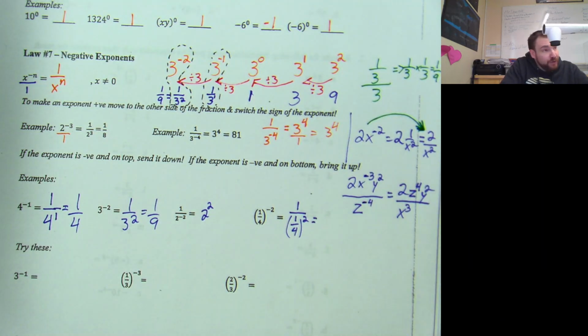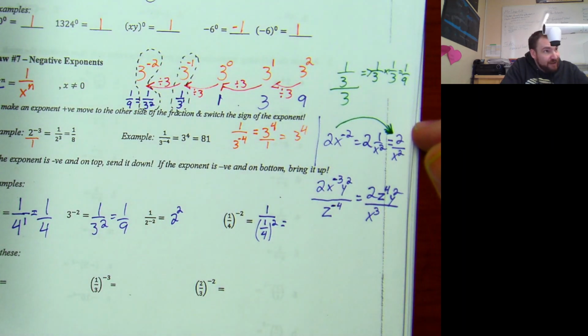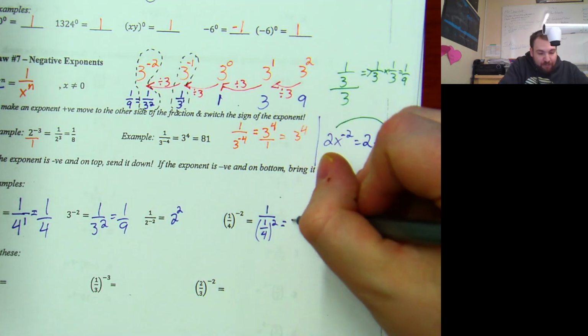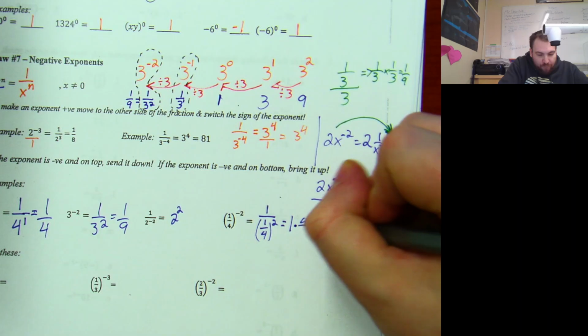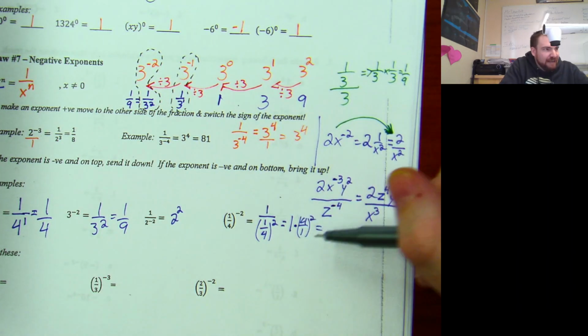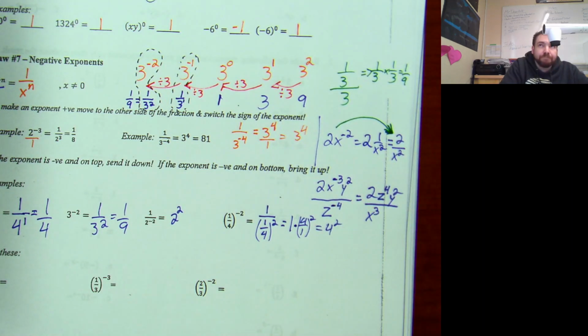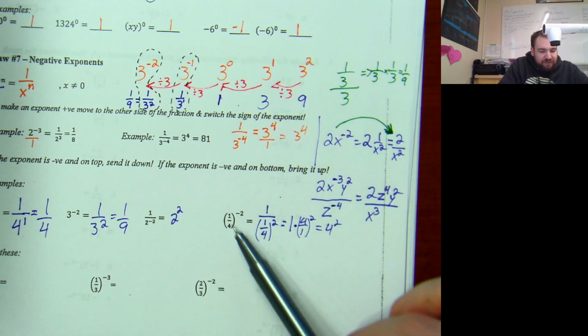When you divide by a fraction, what do you do instead? Instead of dividing by a fraction, you multiply by the reciprocal. So this is just going to become 1 times 4 over 1 squared. But multiplying and dividing by 1, does that do anything? So it's just going to give me 4 squared. So what did I do? I just flipped the whole fraction.